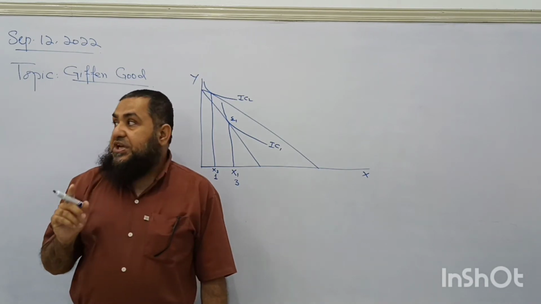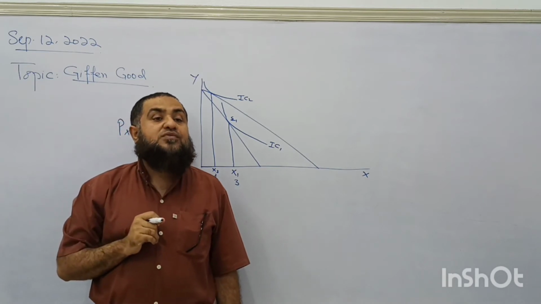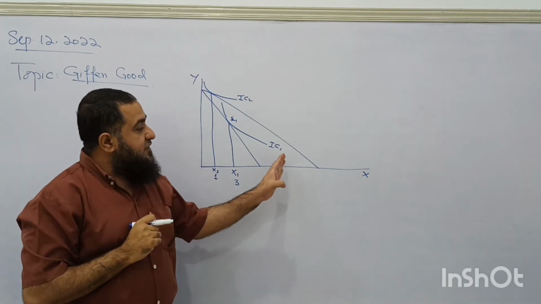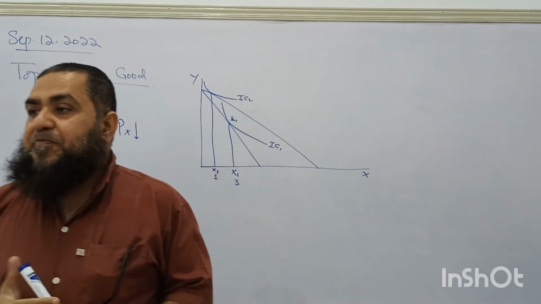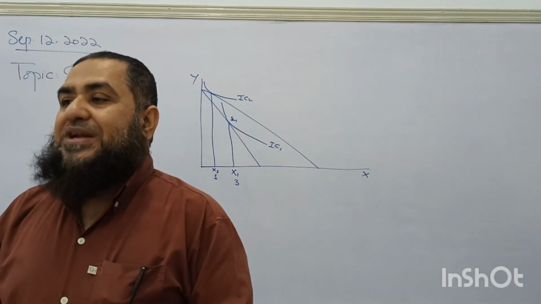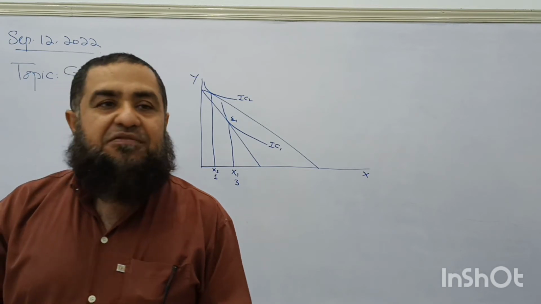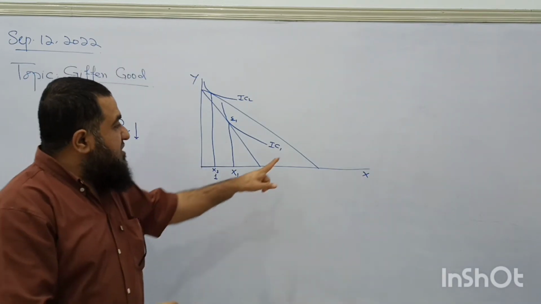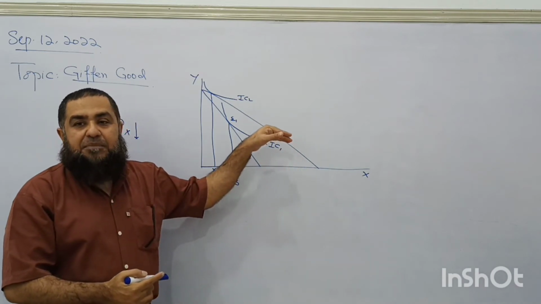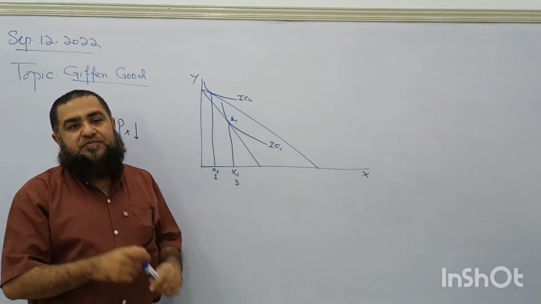So in order to see the substitution effect, what we have to do is this. Due to the decrease in the price of X, the real income of the consumer has increased. If we take away that increase in real income, this new budget line will have a parallel downward shift.